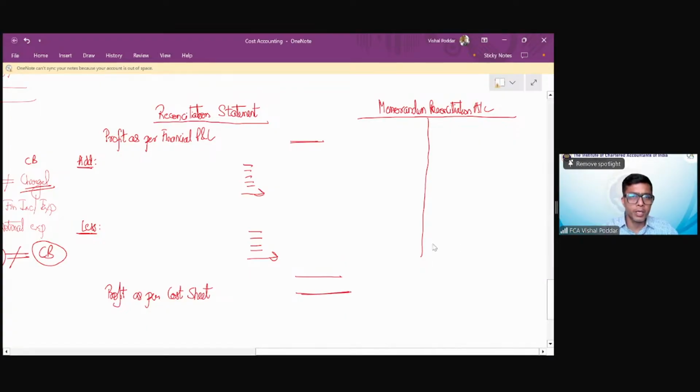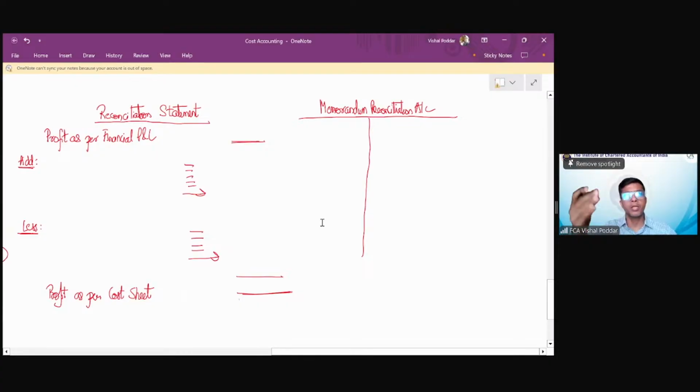Now, if the same thing has to be done in the reconciliation format, how will you do it? Please understand, students. Your starting point given is profit as per financial P&L. Now, we all know profit opening balance is a credit balance. So I will put it on the credit side: by profit as per financial P&L.